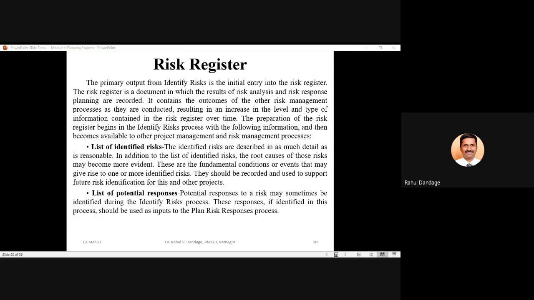It contains the outcome of the other risk management processes as they are conducted, resulting in an increase in the level and type of information content in the risk register over time.